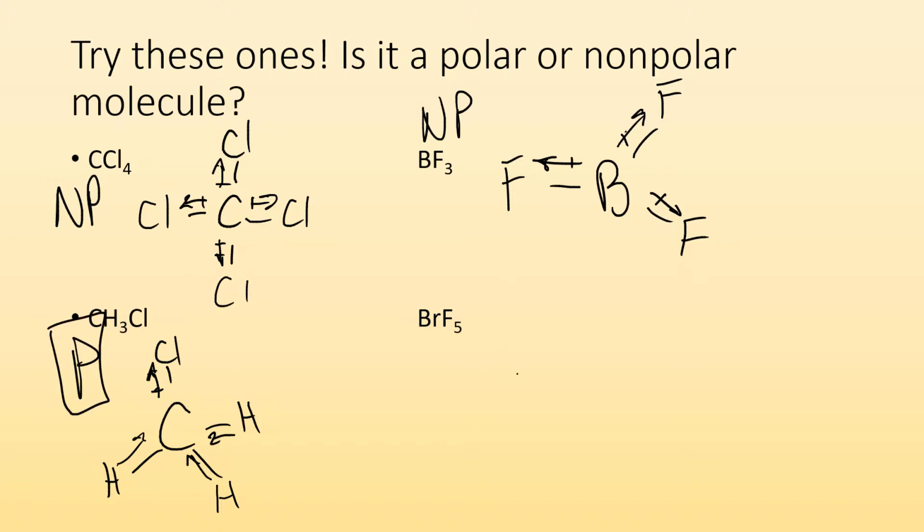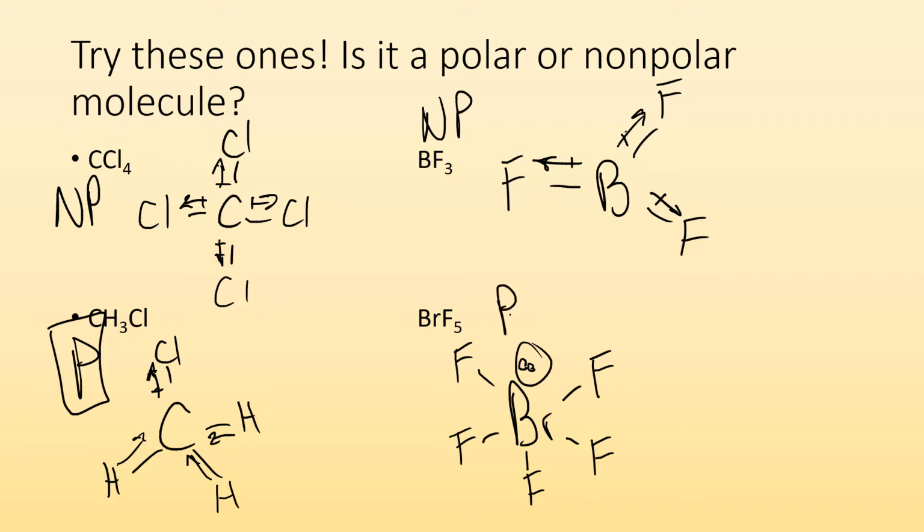If I take a look at BrF5, put Br, 1, 2, 3, 4, 5, and then complete the octets brings me to 40, but I really need 42, so there's an unshared pair of electrons around bromine. Oh, hey, this unshared pair of electrons is really messing up that symmetry. So BrF5 would also be a polar molecule.